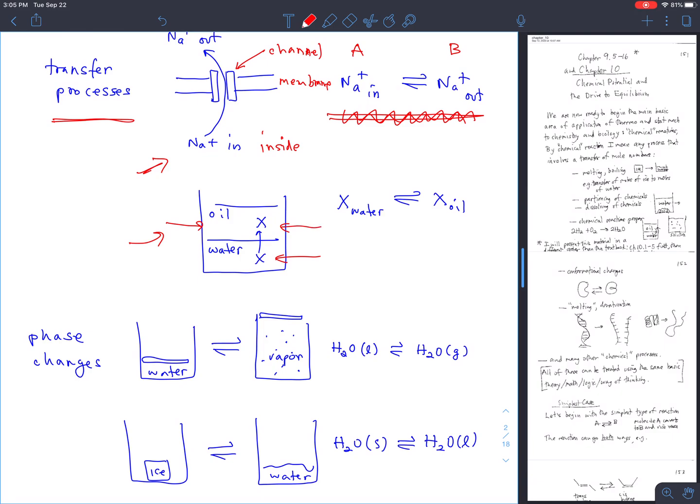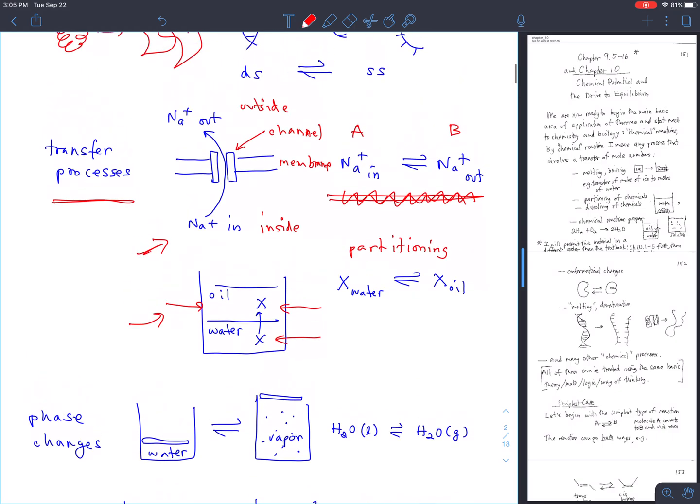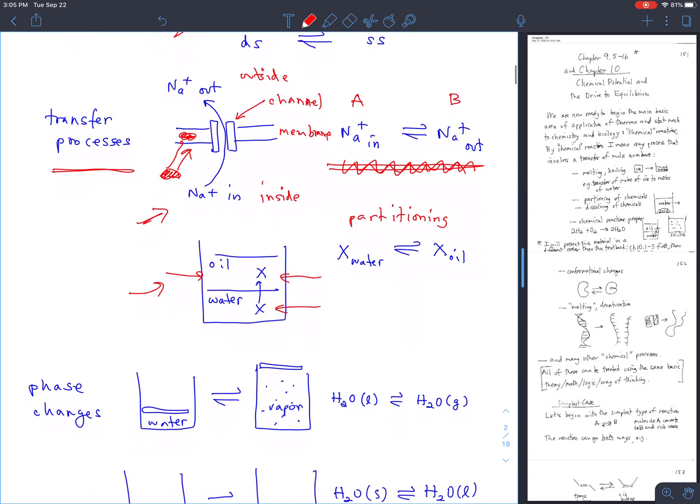That's called partitioning, right? And there's a zillion partitioning reactions that occur. For example, in this membrane up here, if you've got some small molecule in solution here, it can partition into the membrane because the membrane's very hydrophobic compared to the surrounding solution.